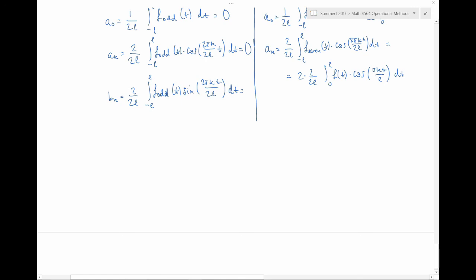And so this integral is the same as twice the integral from 0 to L. But the odd function from 0 to L is the same as f of t. And I got a formula for the coefficient b_k for the sine series. Coefficient b_k in the case of the even extension is going to be 0.